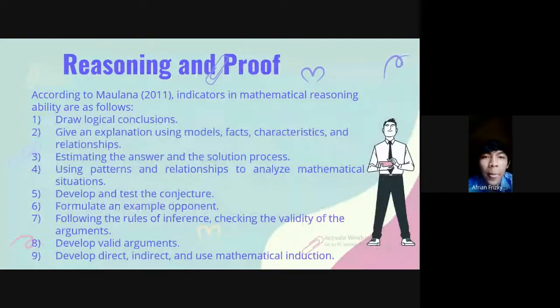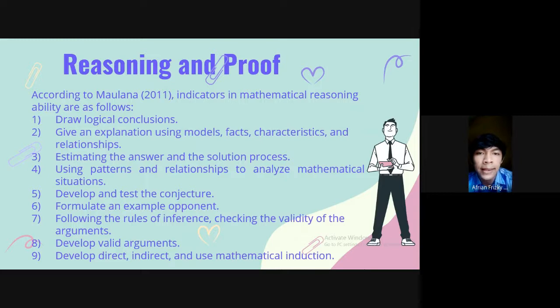And then according to Maulana, there are 9 indicators in mathematical reasoning abilities. The first is draw logical conclusions. The second, give an explanation using models, facts, characteristics, and relationships.